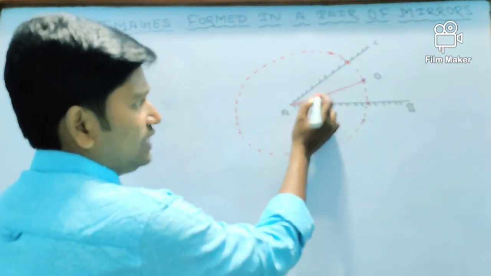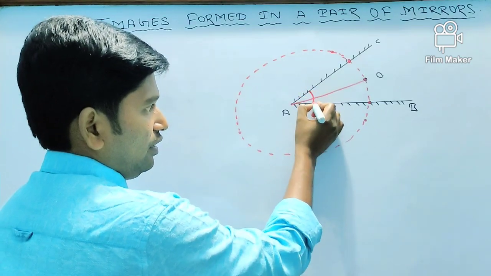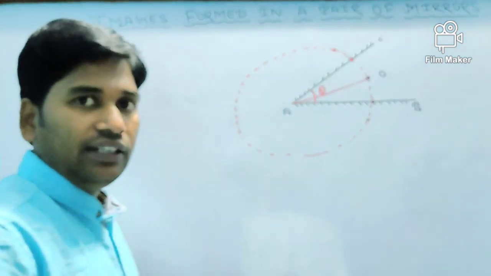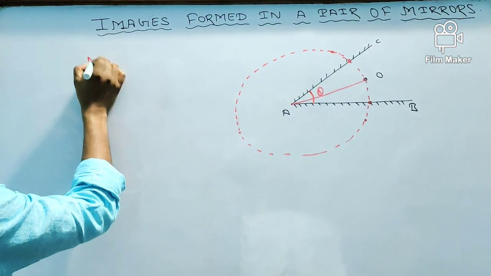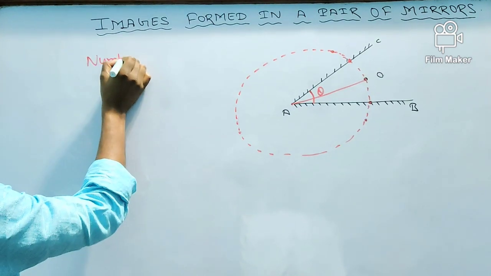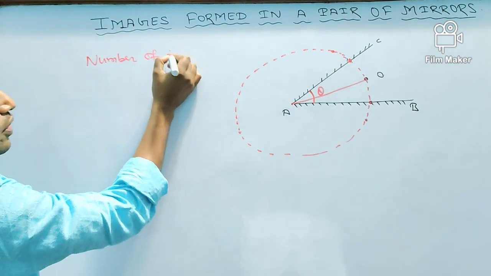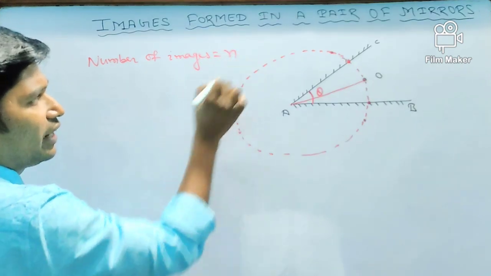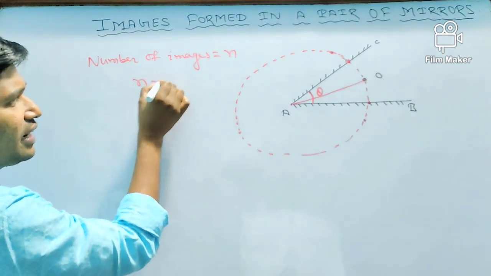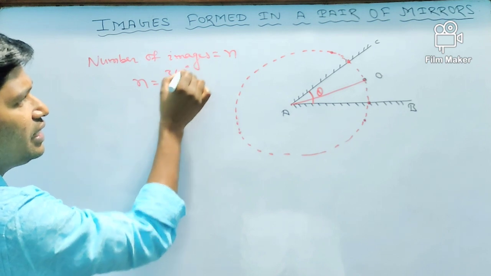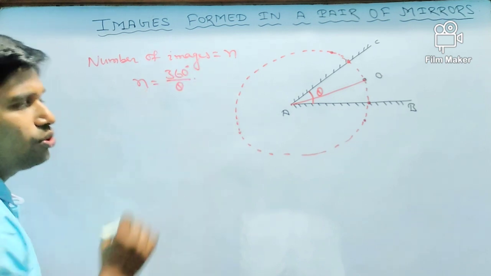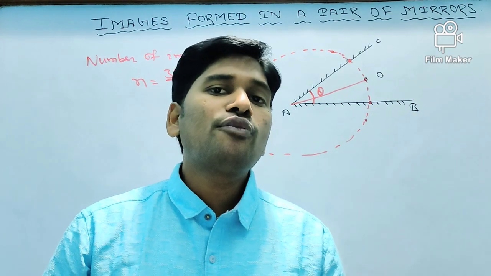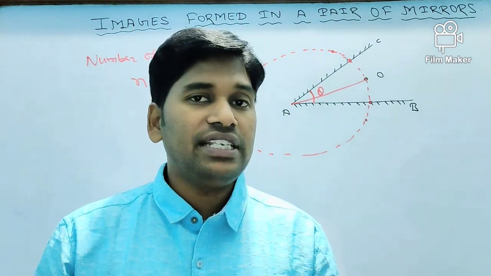So if this angle is theta, then the number of images formed is n, and this n we can write as 360 degrees by theta. So this is the formula for finding the number of images.